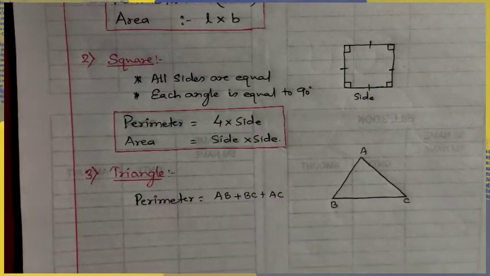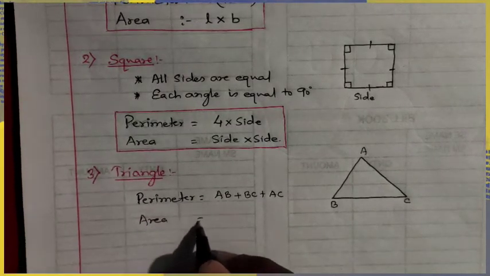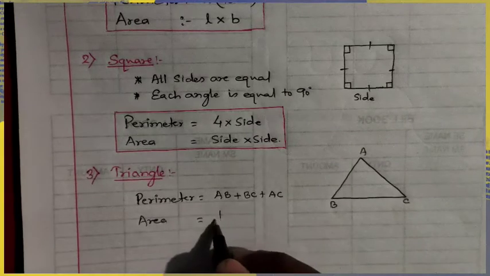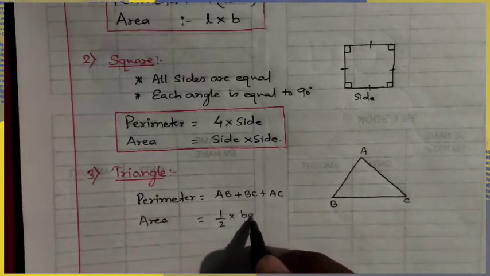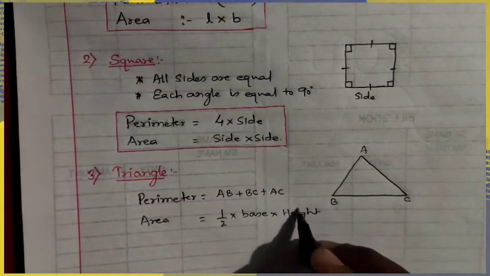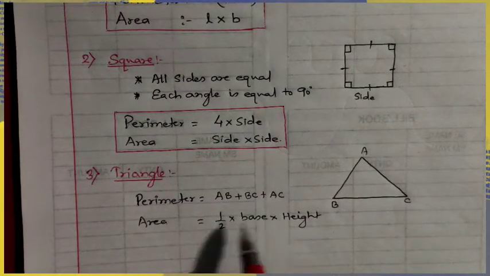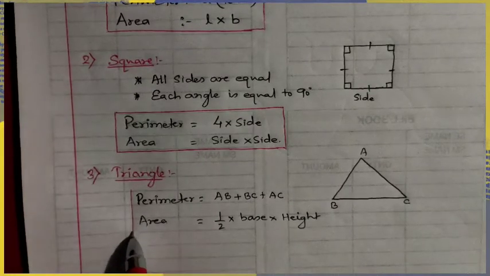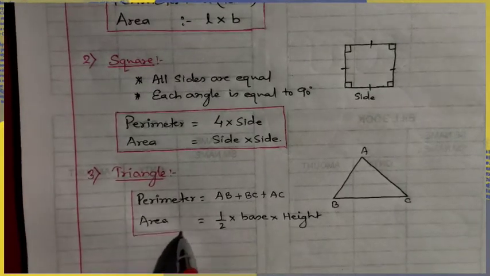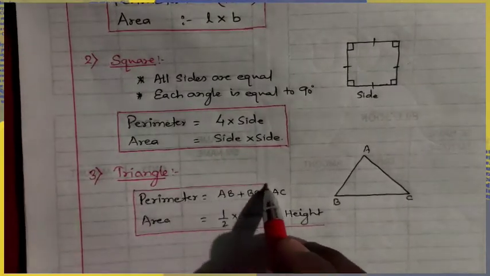This will give the perimeter. And area of a triangle is half into base into height. I am not discussing base and height now, since when we see the questions, I will make you understand what is base and what is height.